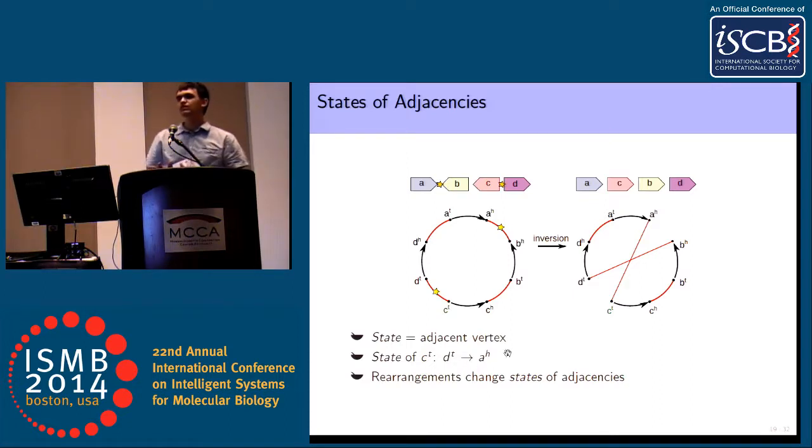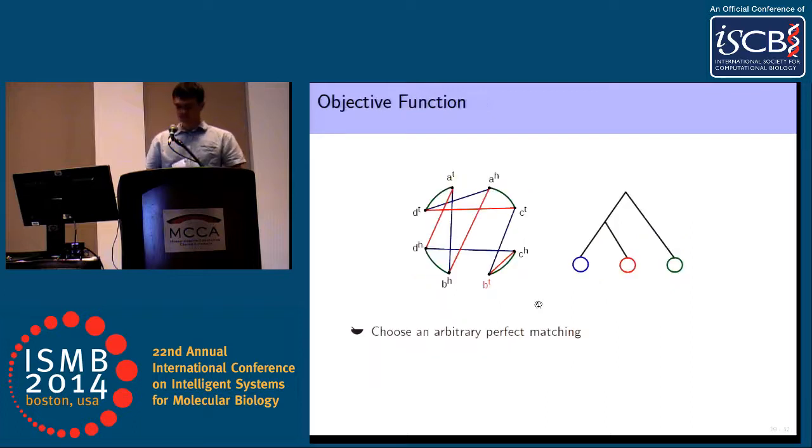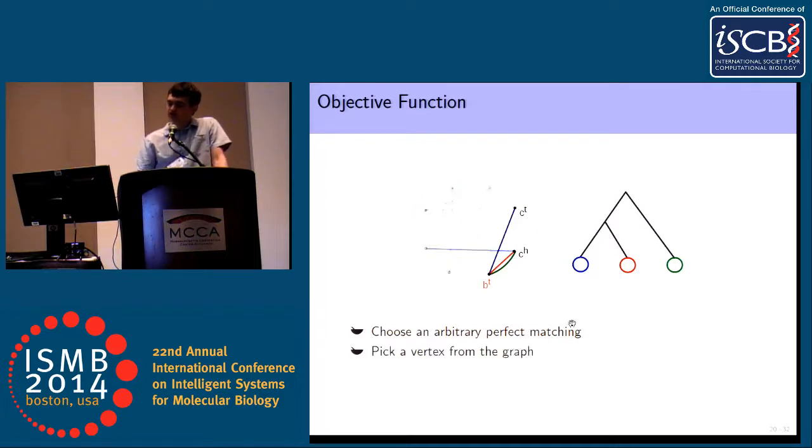And now let's say that rearrangements are some operation that changes the states of the nodes. Then first let's do a step back. Let's choose just an arbitrary perfect matching. Let's recover the graph with just an arbitrary perfect matching, and also consider a phylogenetic tree of the corresponding genomes. Then let's choose a node in this graph and consider all the states that this node has in different genomes.